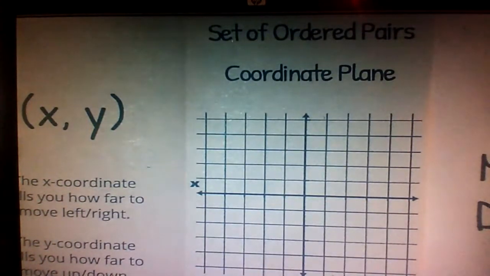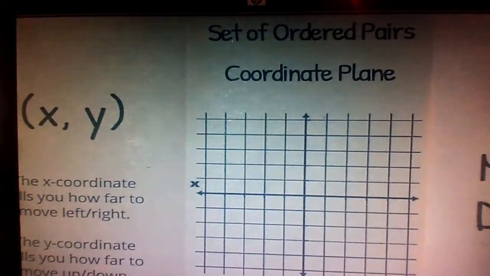You have the x and the y coordinate, so you go over 1, which is the x. Instead of using the words over, we need to start talking left and right, up and down.